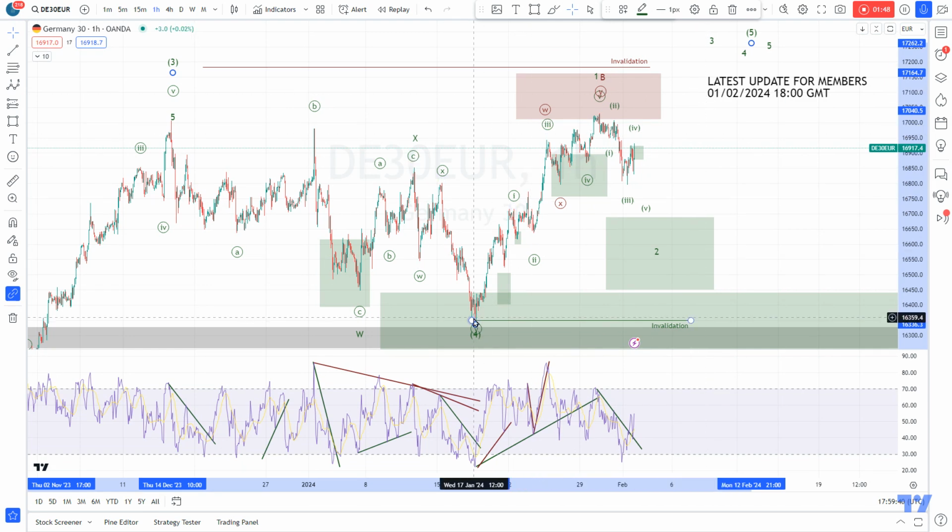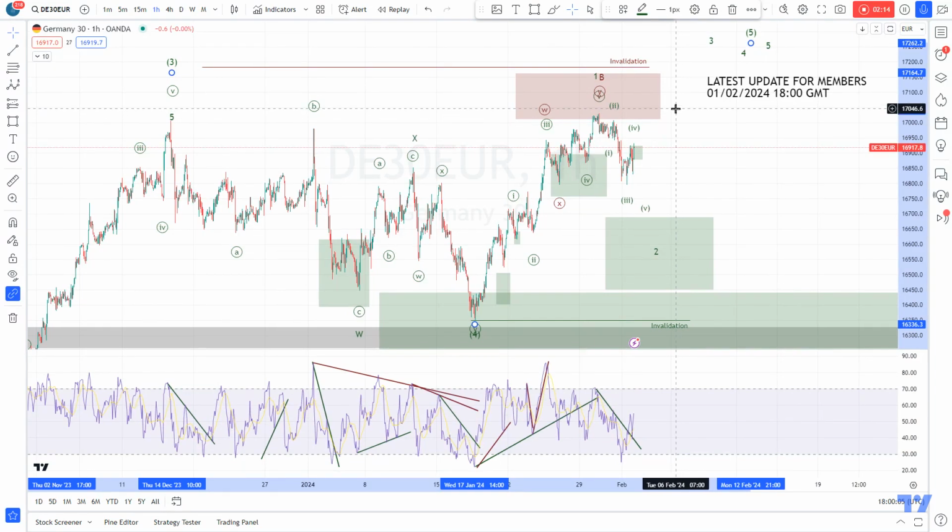So then it would mean that the structure right here could be the wave 1 of the wave 5 as shown here in green. So then what we need is, after this wave 1, we need a wave 2 down, and then 3, 4, 5. That's something that is possible, and I will discuss this in more depth in my higher time frame analysis.